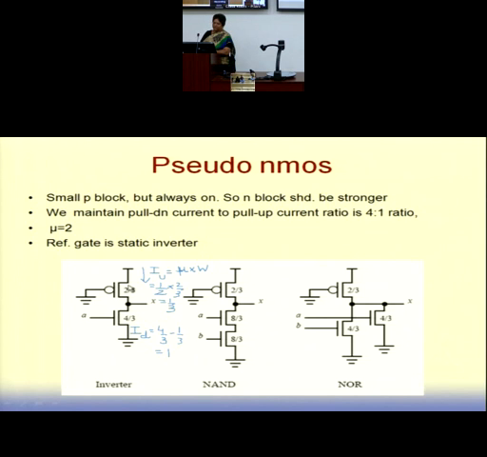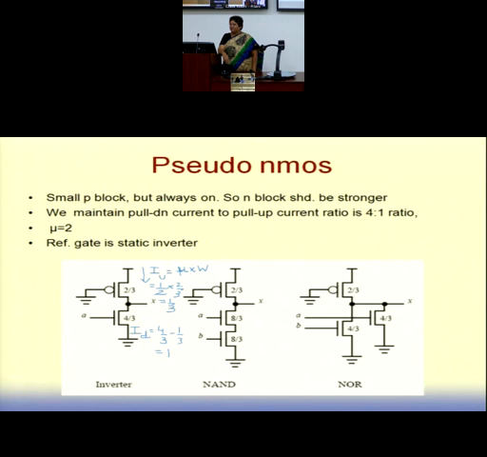Clear? Now, because this is always in an on state, it keeps on charging this with a current proportional to 1/3 units. As a result, this keeps on discharging it with 4/3. As a result, the net pull down rate will be 4/3 minus 1/3. It will not happen at the rate of 4/3.